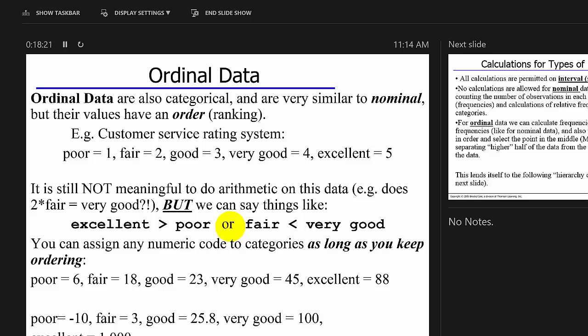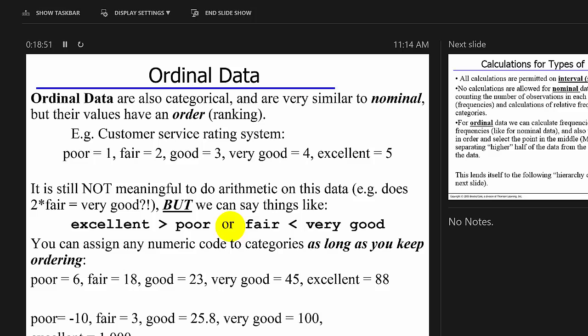But if you compute the average for the nominal data, you can't really interpret that. Plus, if you change the scale, if instead of 1, 2, 3, 4, 5, you assign 10, 20, 30, 40, 50, all of your computations shift immediately. Your average shifts, your ranges shift, your standard deviations change. You didn't do much to the data, you just relabeled the categories, but your computations all of a sudden are all different.